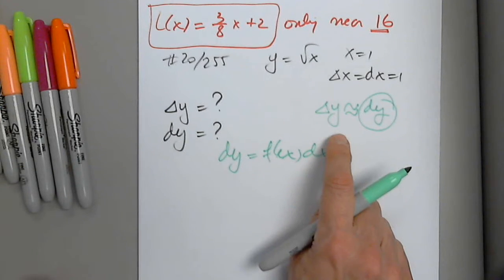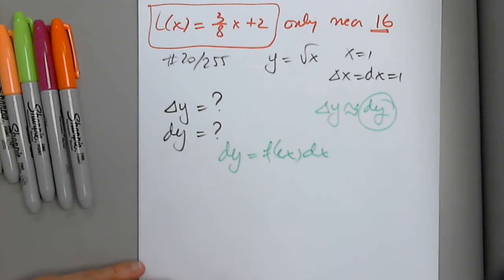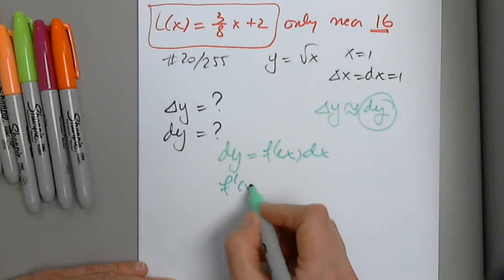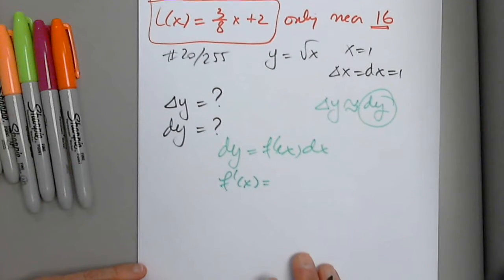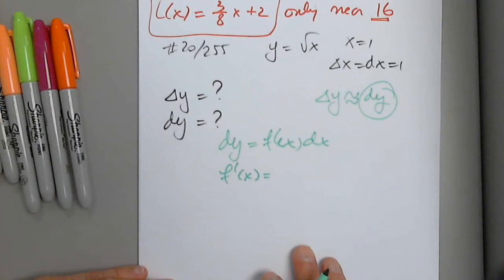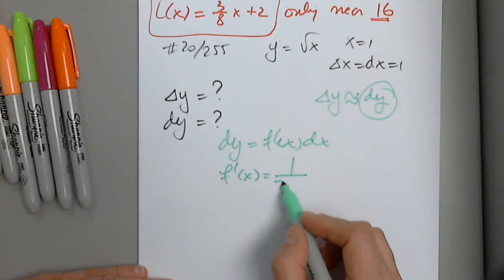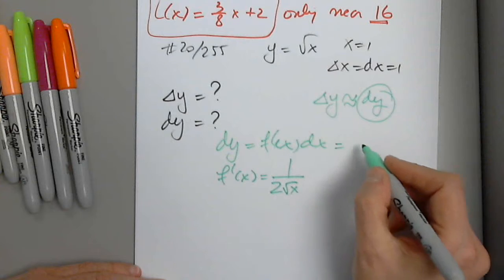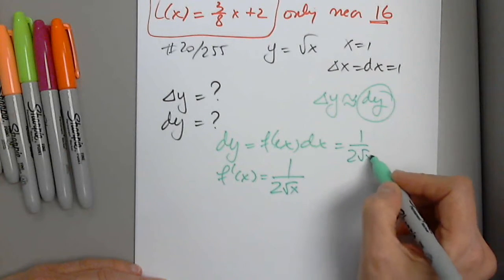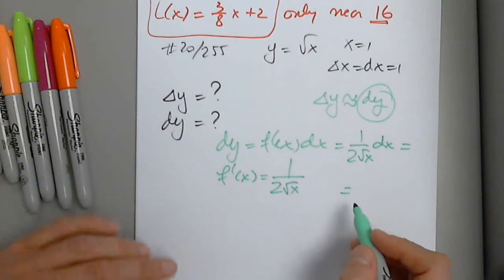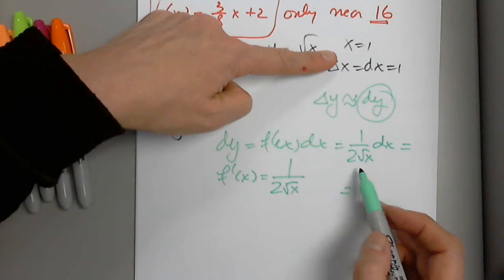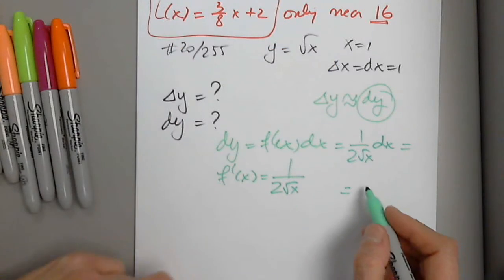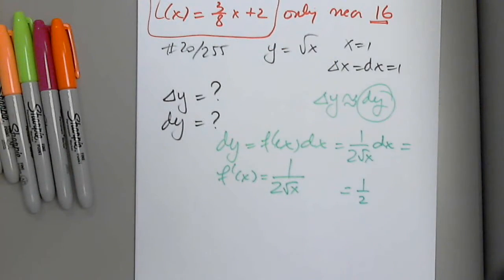Okay, how much is f prime of x? Perfect. So that's all I have to write: dy equals 1 over 2 the square root of x dx, and I plug in 1 and 1, and I get 1/2. There is nothing else.